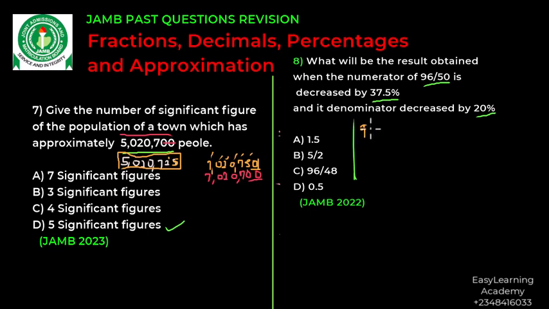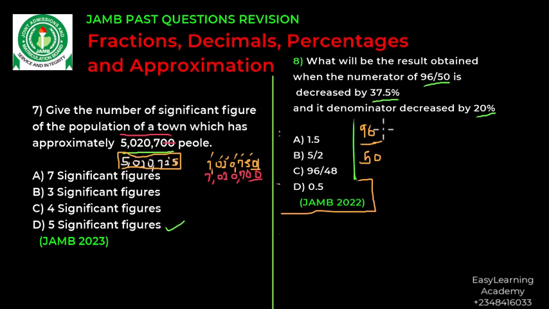This is the fraction, but something is going to happen to both the numerator and the denominator. In this case, we are told that the numerator decreases by 37.5%.